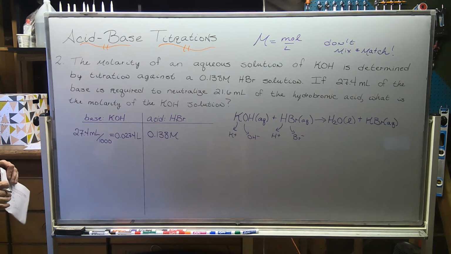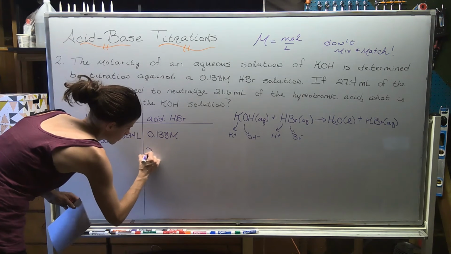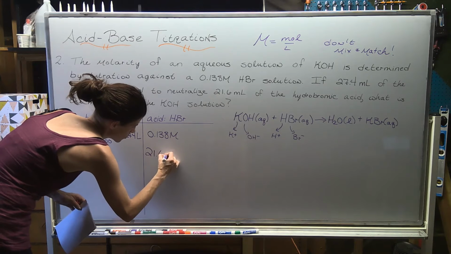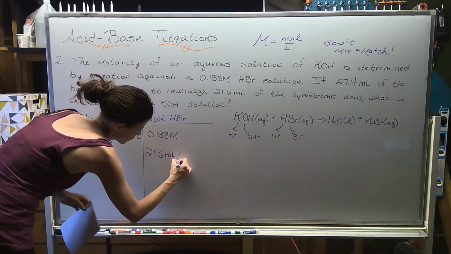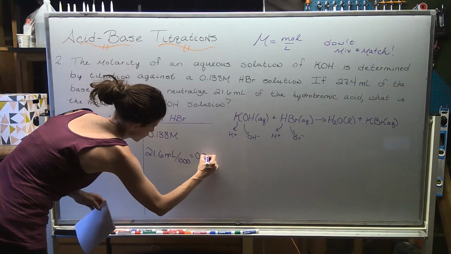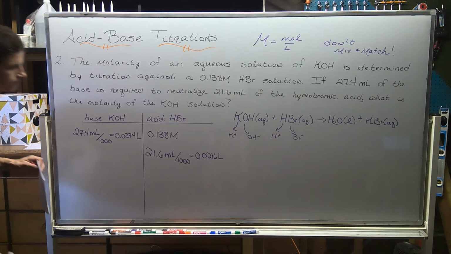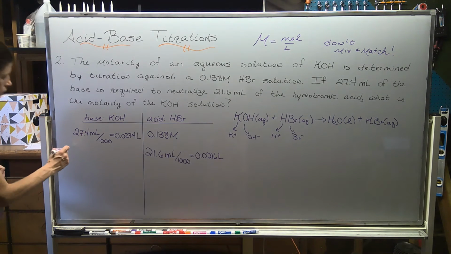Okay, so 27.4 mils of the base is required to neutralize 21.6 mils of the hydrobromic acid. So now we have another volume. I'll put it on the acid side. I'll divide by 1,000. So 0.0216 liters. What is the molarity of the potassium hydroxide solution?